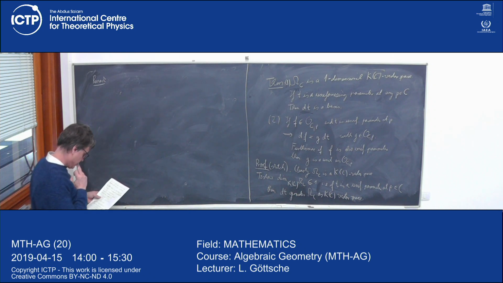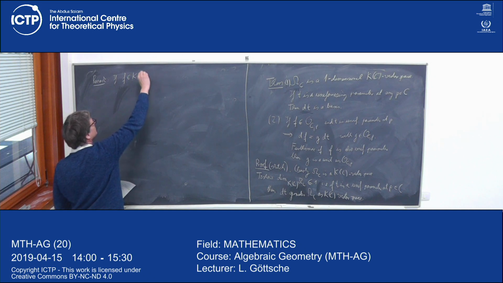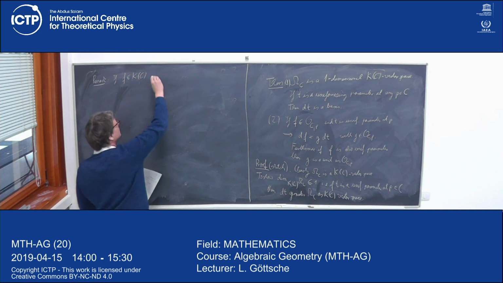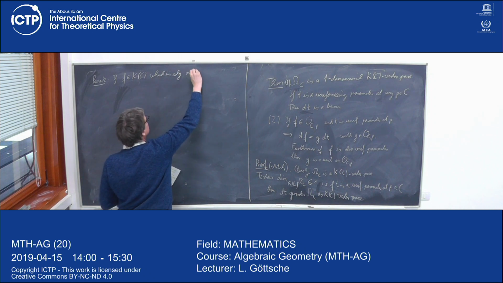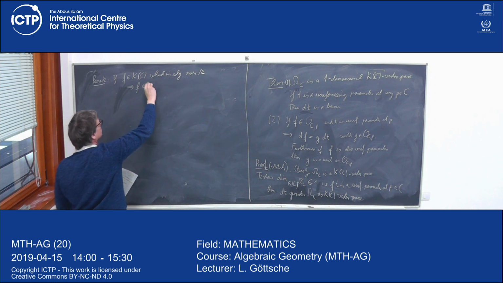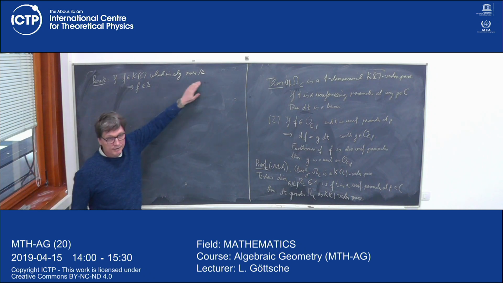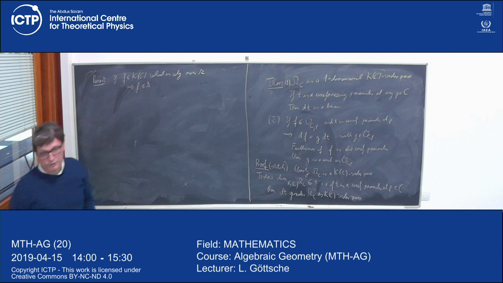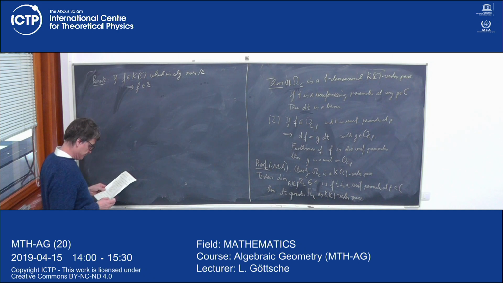So the claim is, let's do it more generally: if F is an element in Kc which is algebraic over K, then it follows F is constant. Okay, so if I have an element which is algebraic over the ground field, then it's constant. That's what I'm going to use in my argument, and that's quite simple.